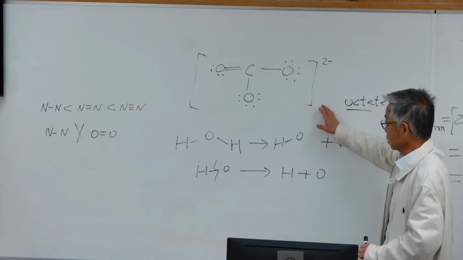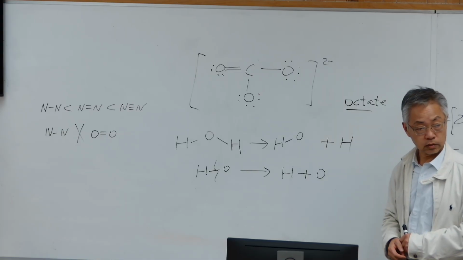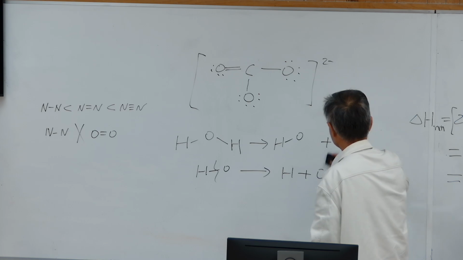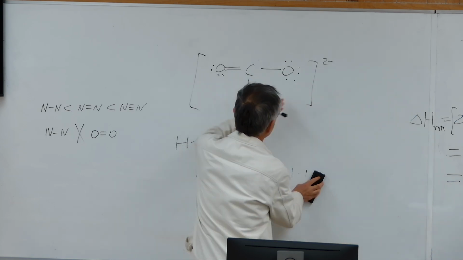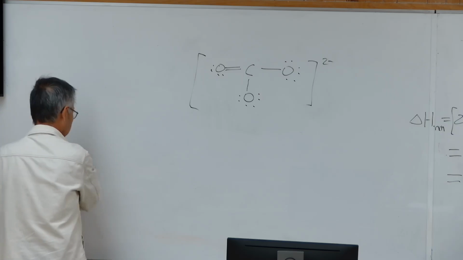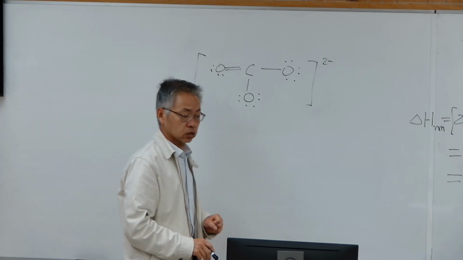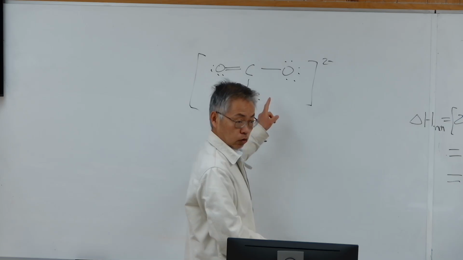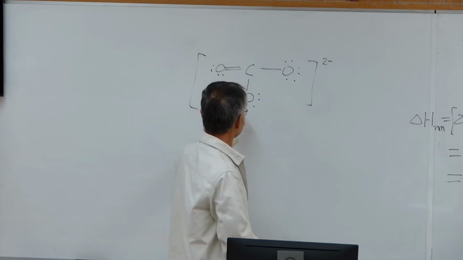We learned this, right? This is a Lewis structure. Based on this Lewis structure of carbonate, CO3 2-, can you figure out the formal charge for each atom? We have 4 atoms, 1 carbon and 3 oxygen.